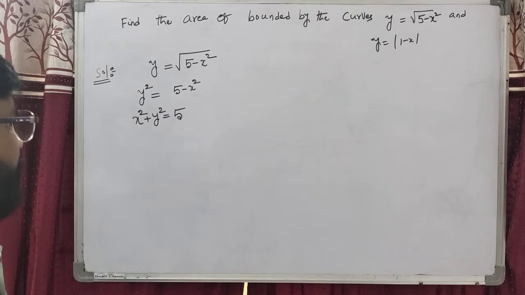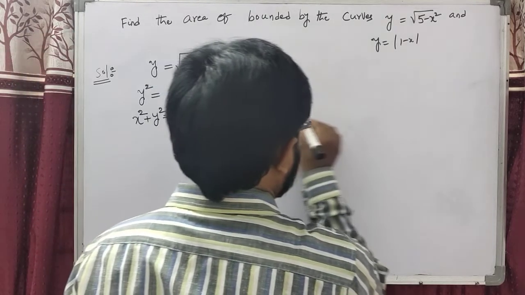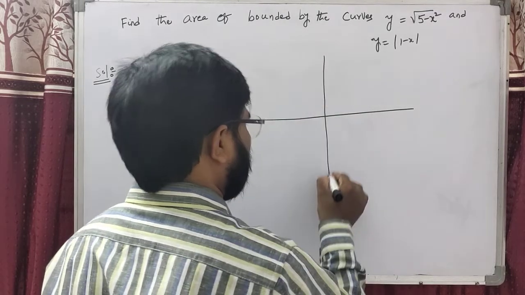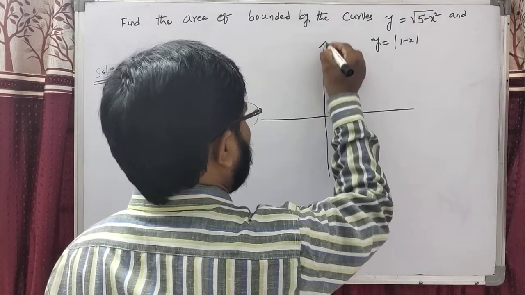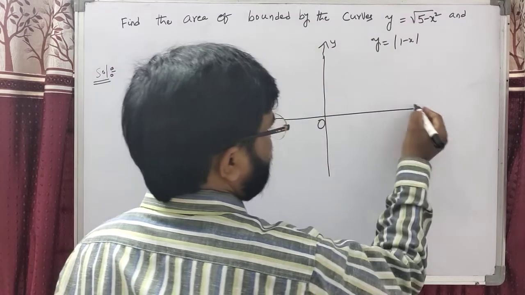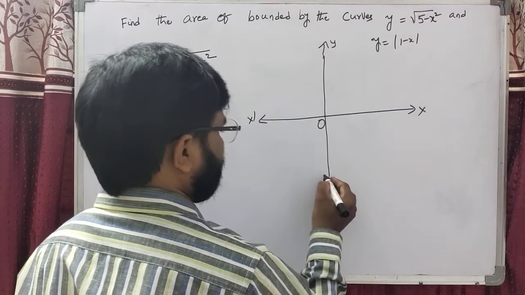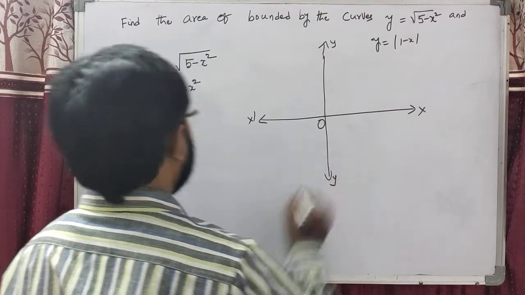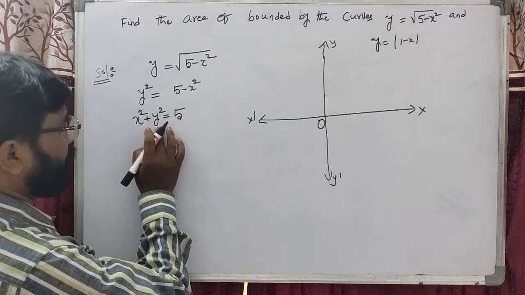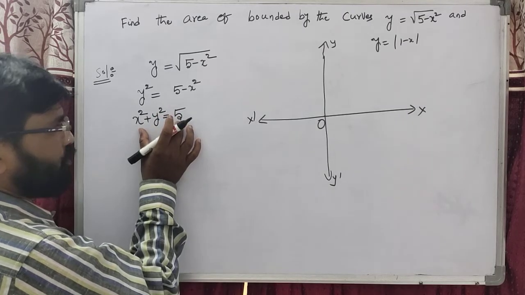Okay students, now draw the x and y axis. This is the horizontal line, the x axis, and this is the vertical line, the y axis. The point of intersection is the origin. When we take y equal to 0, undoubtedly x is plus or minus root 5.